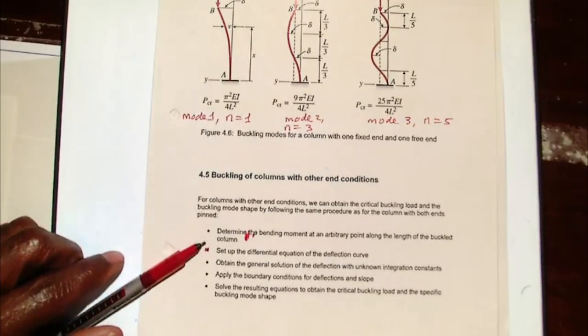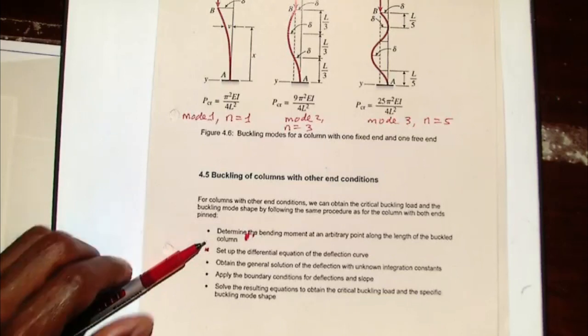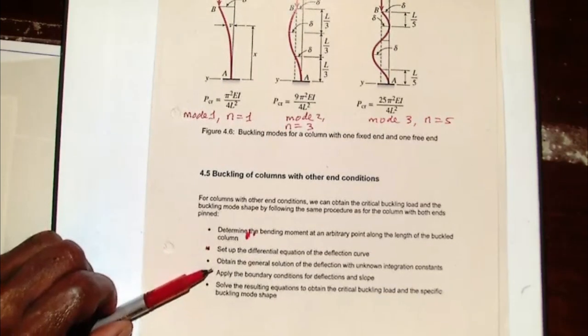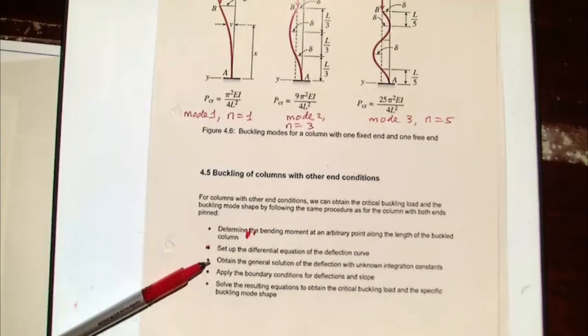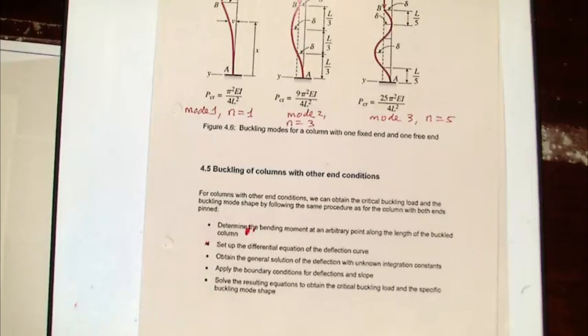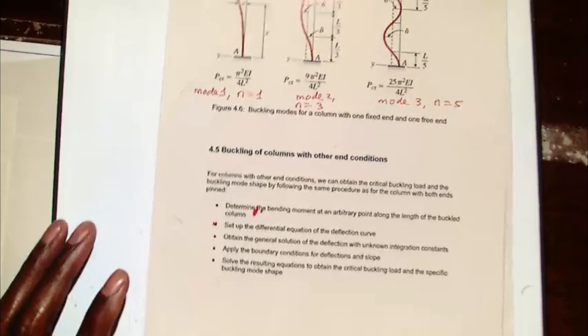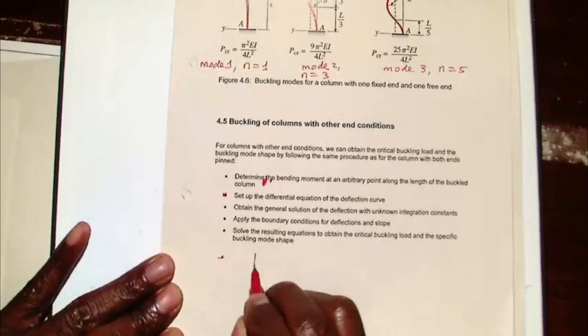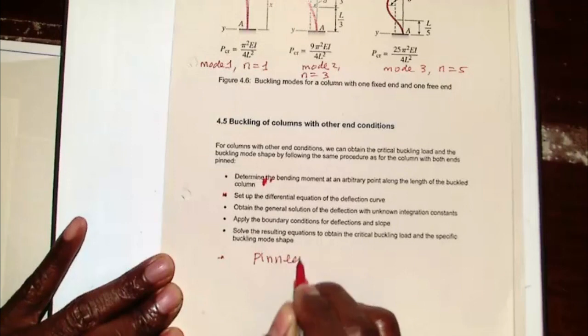We determine the bending moment. We set up the differential equation, which we've shown twice now. We obtain the general solution for the deflection, we apply our boundary conditions, and then we solve to find the actual critical load. Those are the steps that we need to go through. And we've already shown what happens if it is pinned.